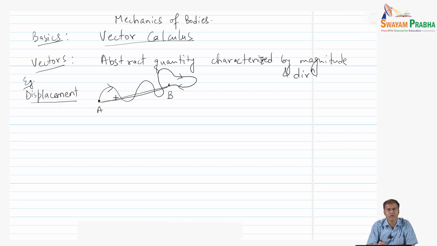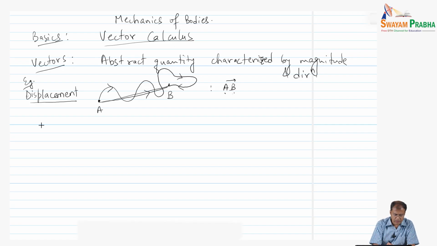The displacement of the particle from A to B, whatever path it has taken, doesn't matter, is the straight line joining A and B. We denote this displacement vector as AB with an arrow on top. This is our future notation: the starting point, the ending point, and an arrow on top.